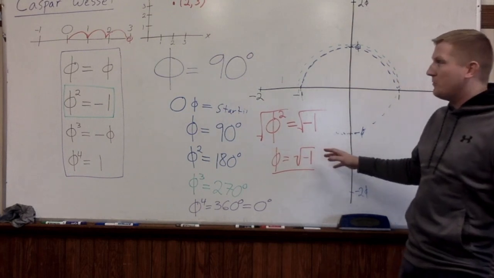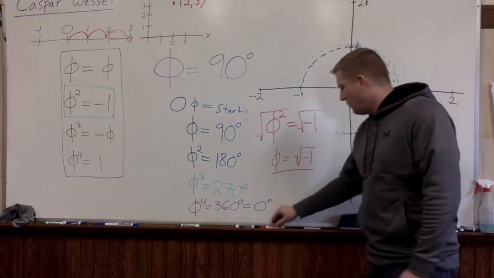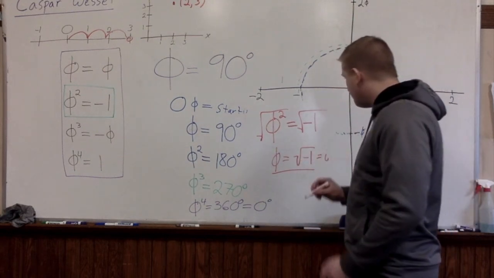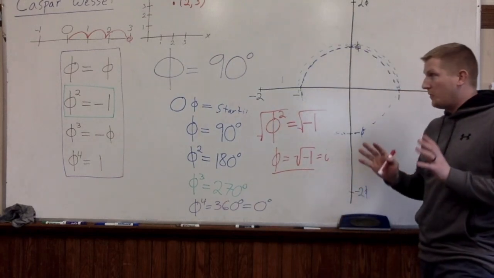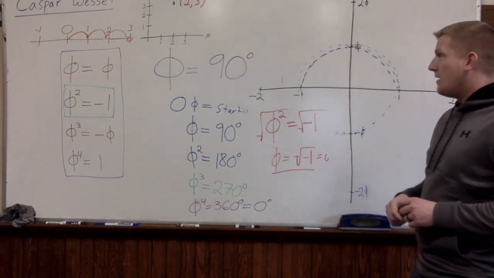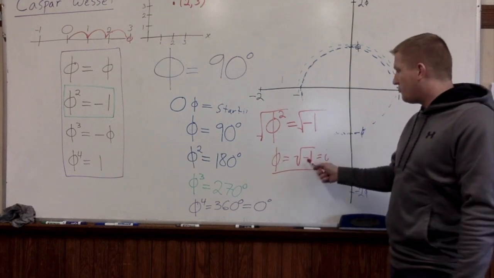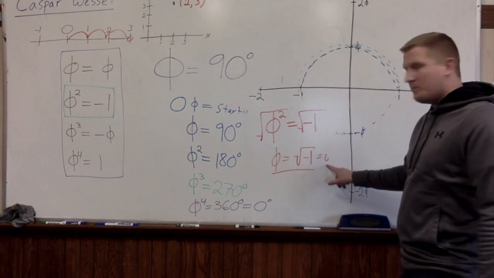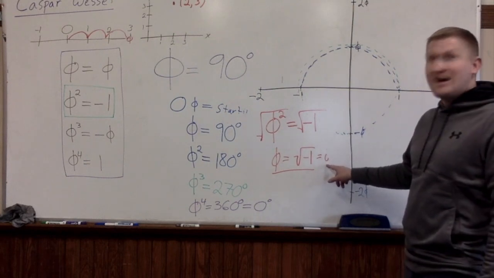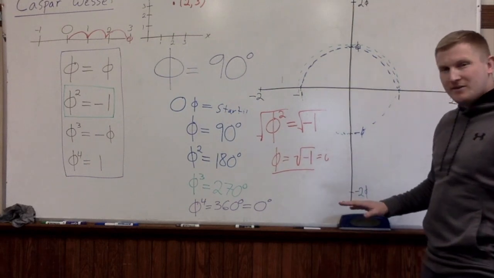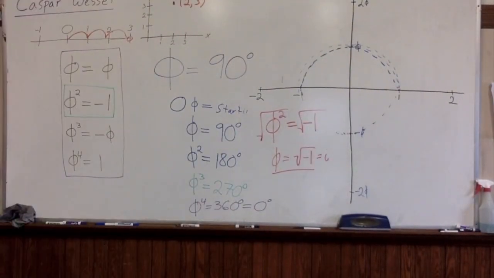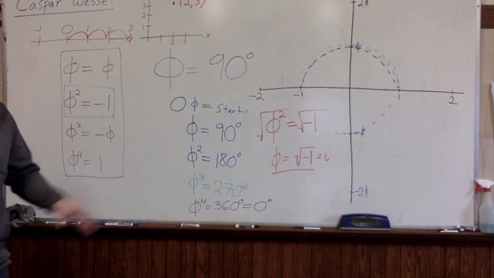We can't do it with real numbers, so we needed a new kind of number. We needed an imaginary number. Phi, this number that Wessel invented out of thin air, ends up being equal to the square root of -1, which is more commonly known as i. Okay, so hopefully things are starting to come together a little bit. This directional number is the imaginary number.